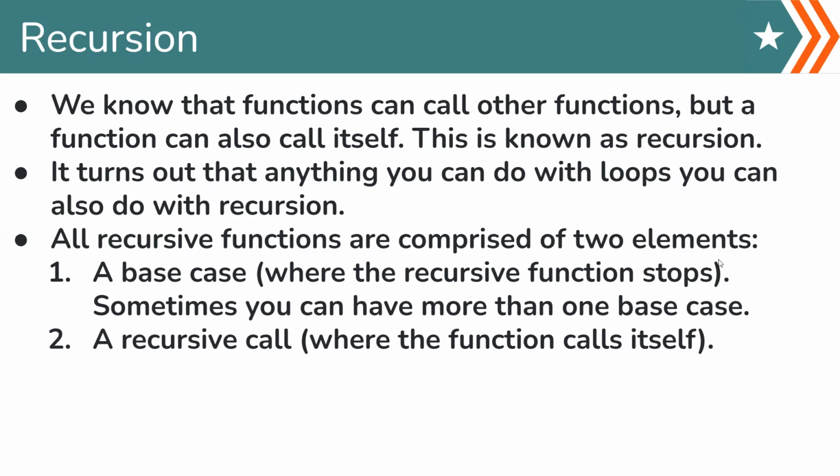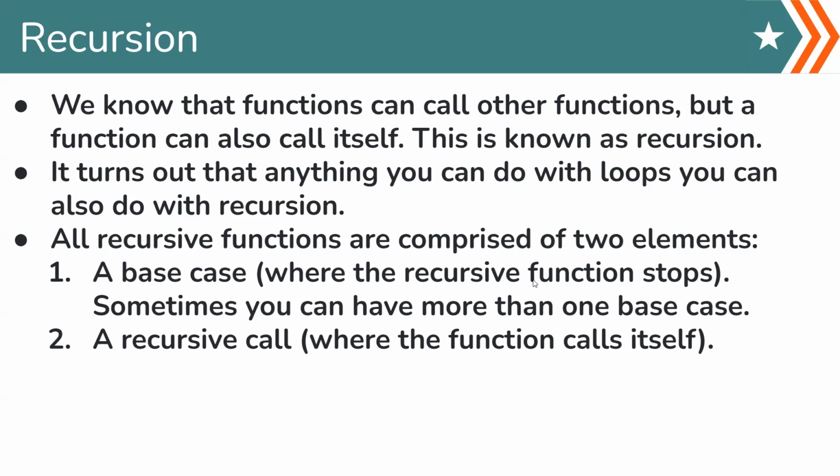Like a while loop: while nums is greater than 0, print out nums. It'll be 10, 9, 8, 7, 6, 5, 4, 3, 2, 1, and then reach 0 and stop. Recursion works the same way. It needs the base case, or a conditional statement, that allows the recursion call to stop.